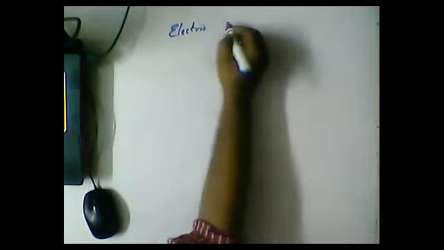Okay guys, now I hope you all understood the electric field due to semi-infinite and infinite wires. Now we are going to discuss electric field due to a uniformly charged ring.